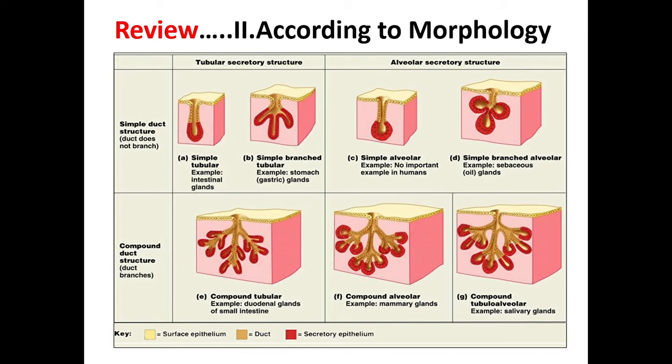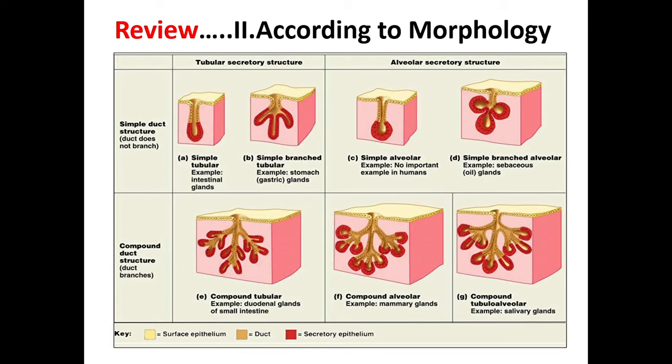Again, based on the branching of the duct, we have the simple glands and we have the compound glands. So we have the simple tubular glands, simple branched tubular glands, and we have the compound tubular glands.